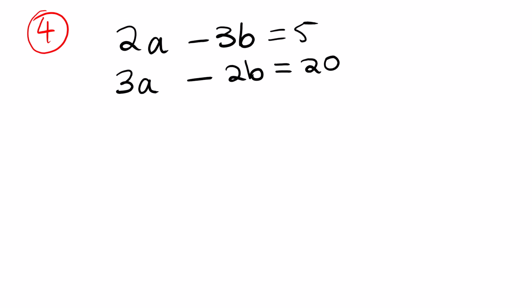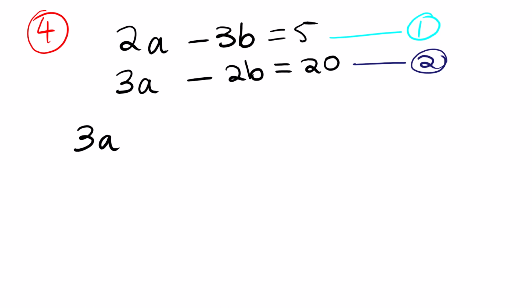Our next example, don't expect to see x and y as variables. Sometimes you might find different variables, but the procedure is the same. Equation 1, equation 2. Now in this case, you don't have a choice. We can choose any equation. So I go for equation 2, and then I make a the subject of the formula.